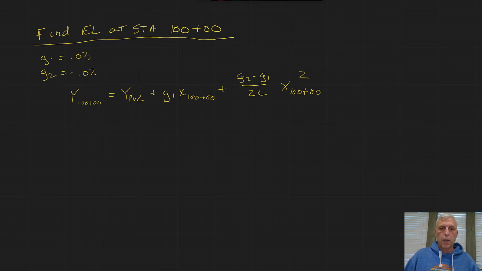That's our equation. So when we go to plug in our grades for G1 and G2, this is where you want to use the decimal form if you want to work in distances.